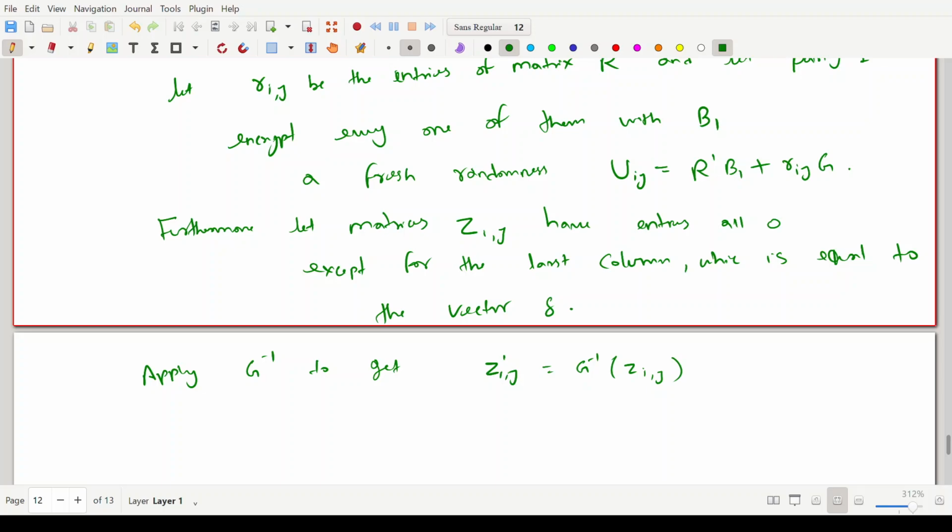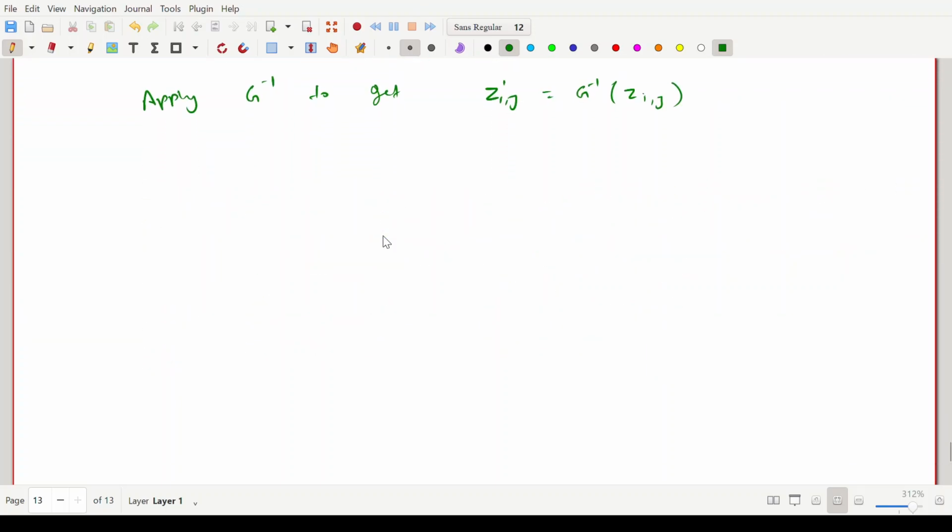So what will we have? Our Zij dash multiplied with uij multiplied with s1 will be similar to Zij dash multiplied with uij, which is rij g s1.